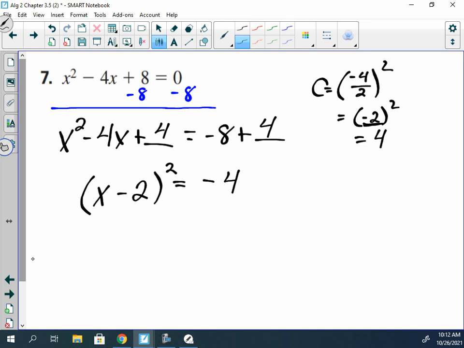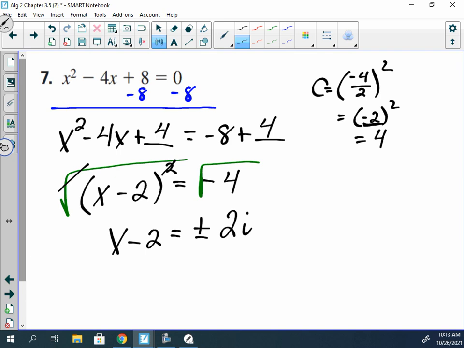Okay, this definitely would not work for graphing, because what's our next step? Because we're going to start solving, so we need to take the square root of both sides. So here the square root and square cancel, leaving us with x minus 2 is equal to plus or minus 2i.